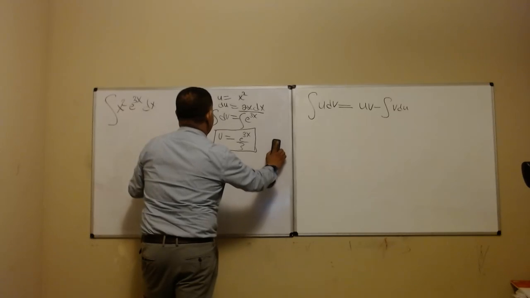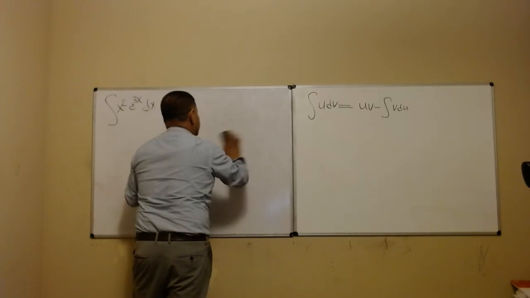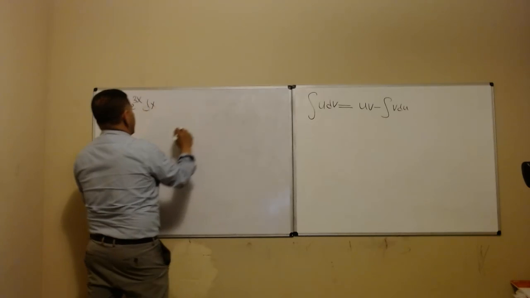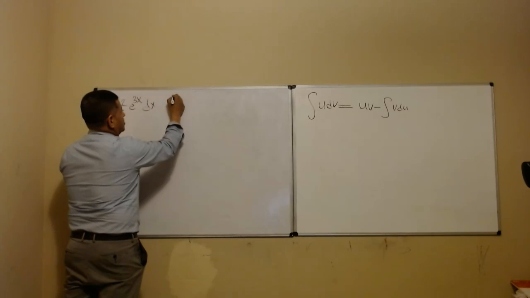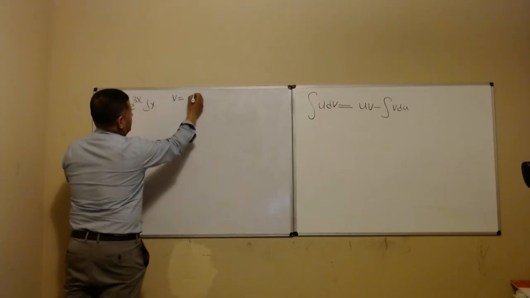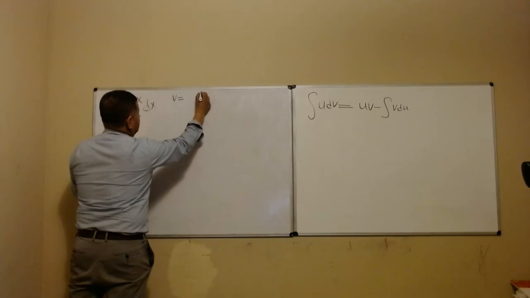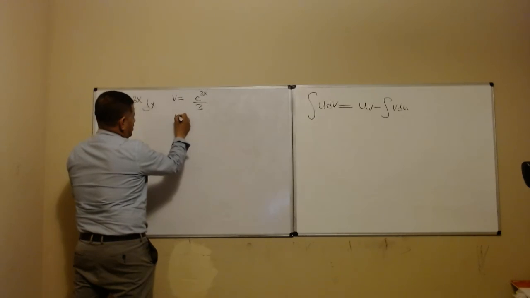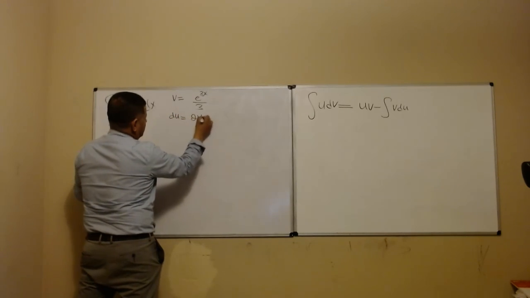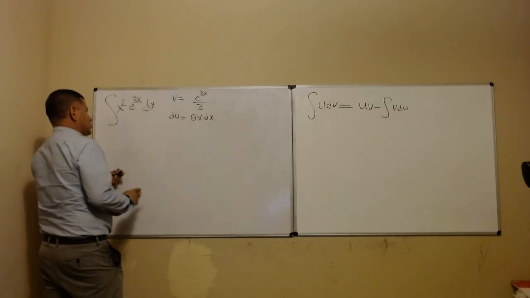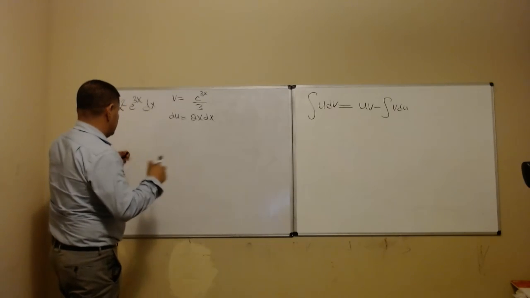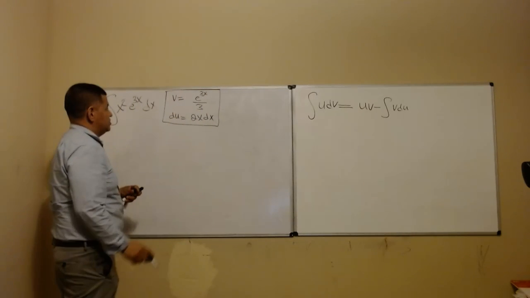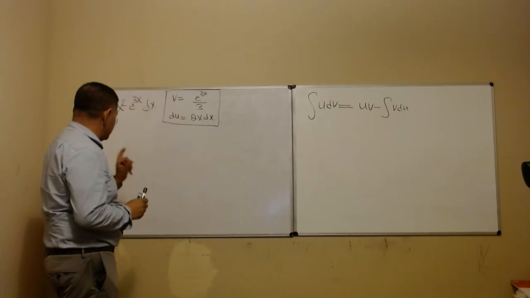Let's write that v is equal to e to the 3x over 3, and du is equal to 2x dx. We need those.